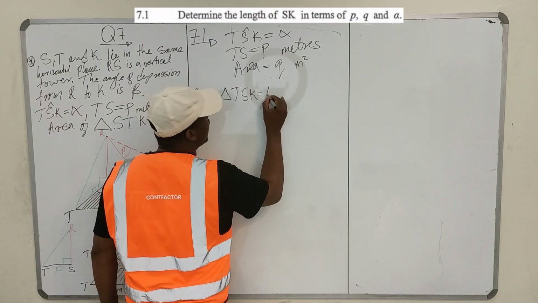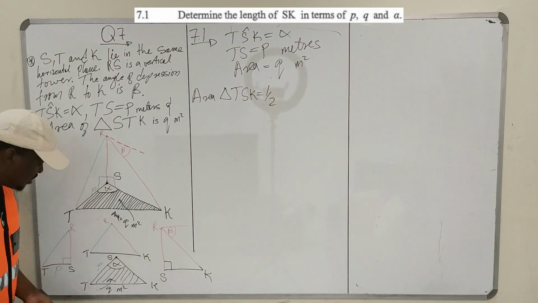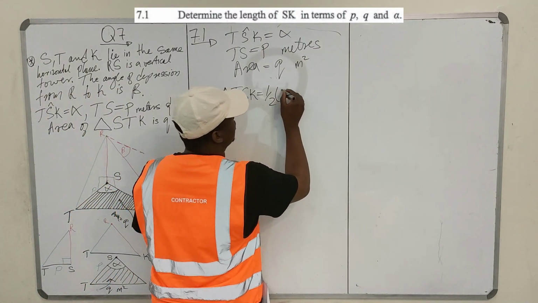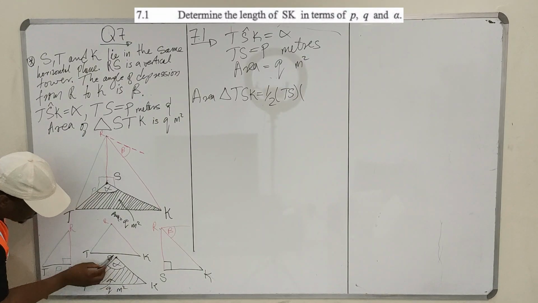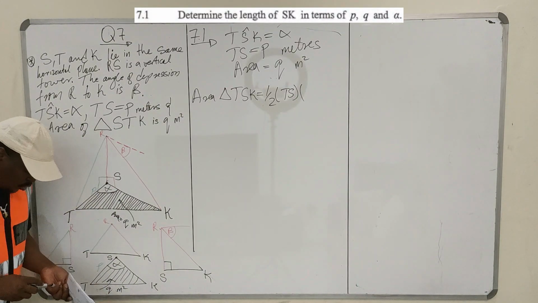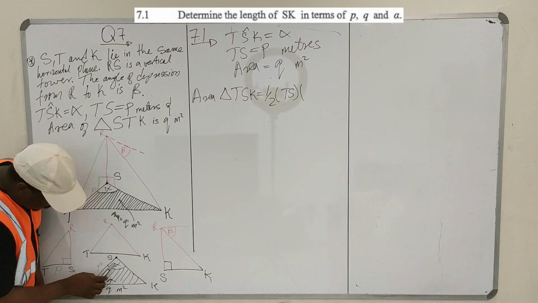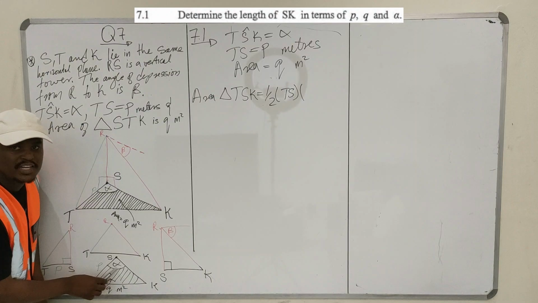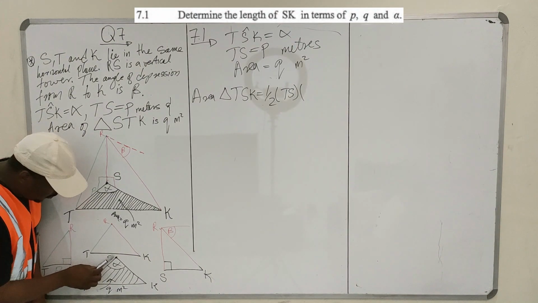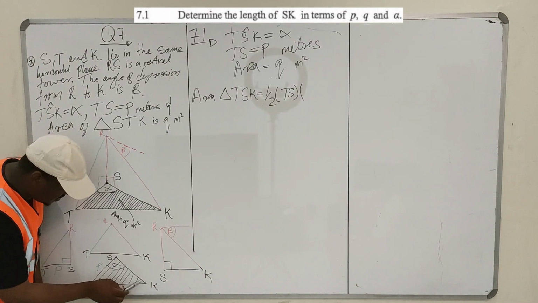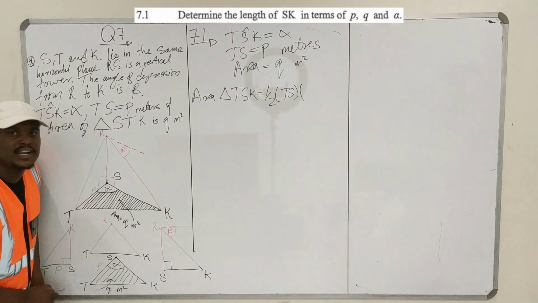TSK is equal to half this length here, which is TS, times this length over here. It's going to be half this side times this side, times the sine of the included angle, right? Because that's how we find the area. You take the product of half this side times this side and the sine of the included angle.